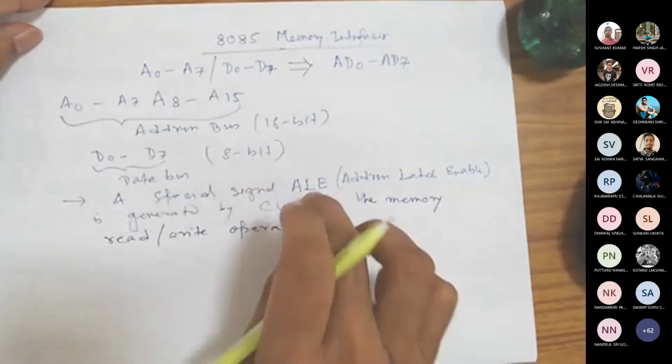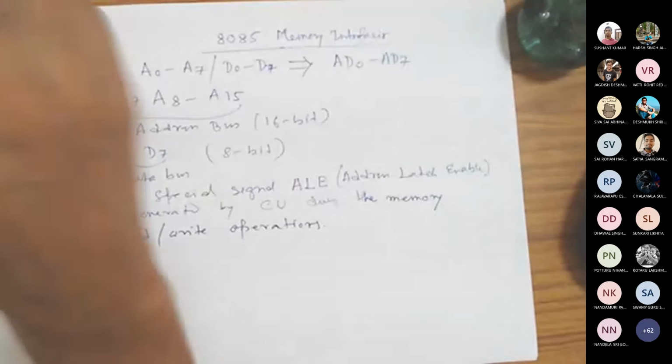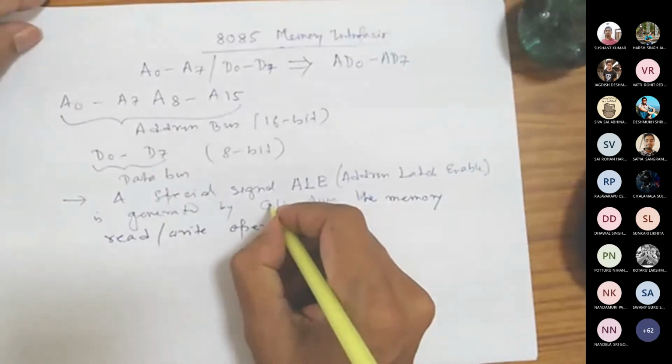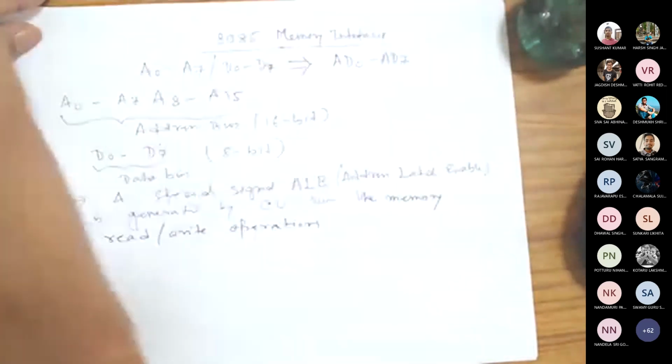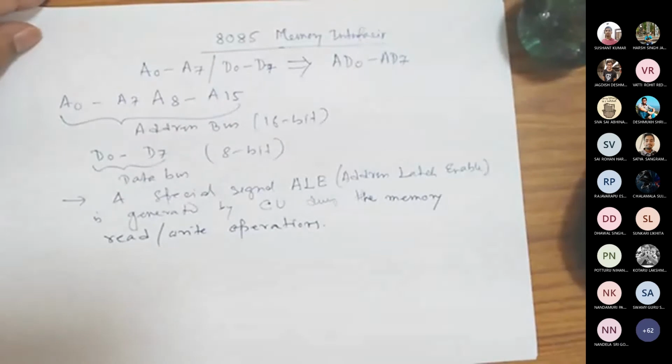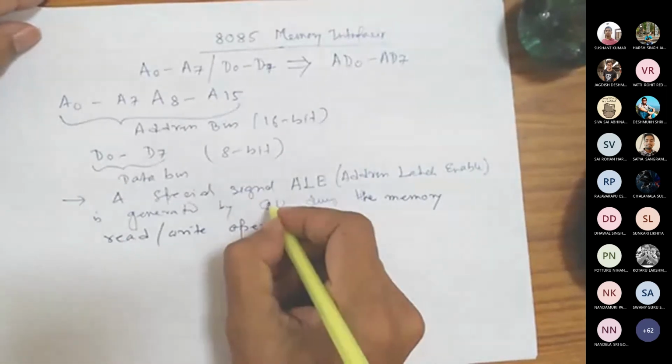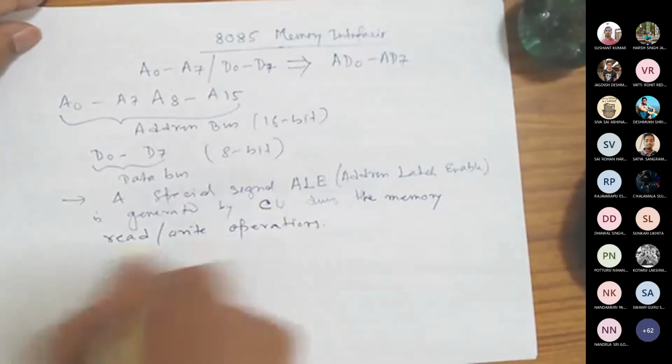This is a special signal, like row address strobe and column address strobe. You can say that this is a similar signal. It does not have as big an effect as RAS and CAS, but ALE has some advantage.